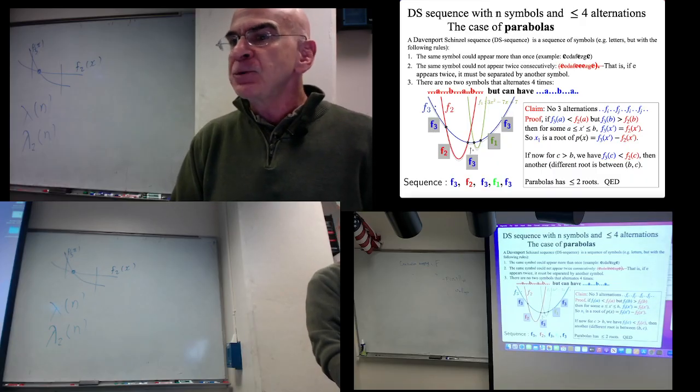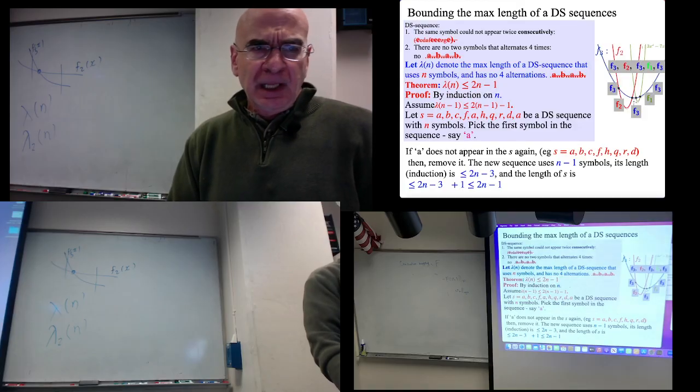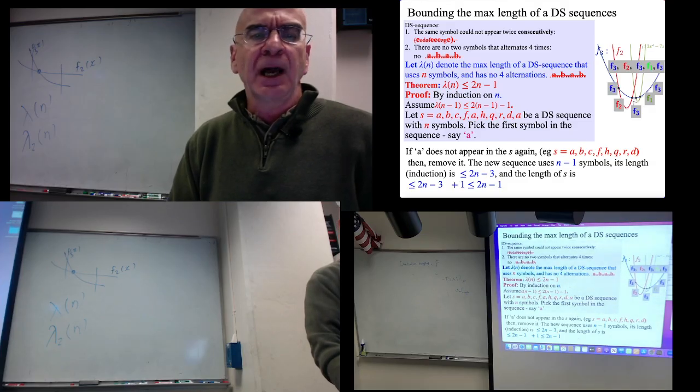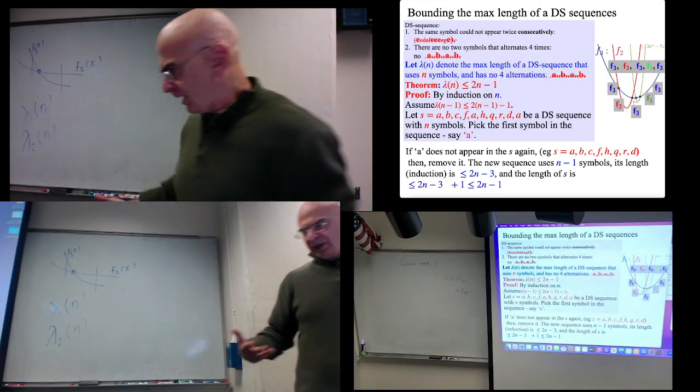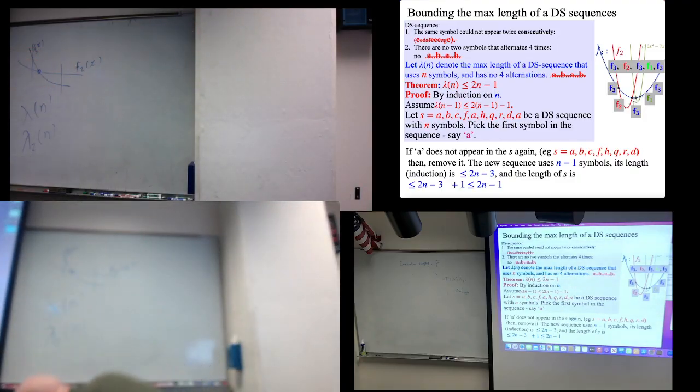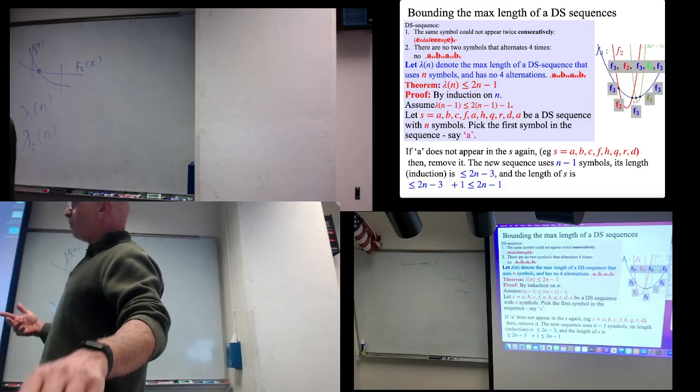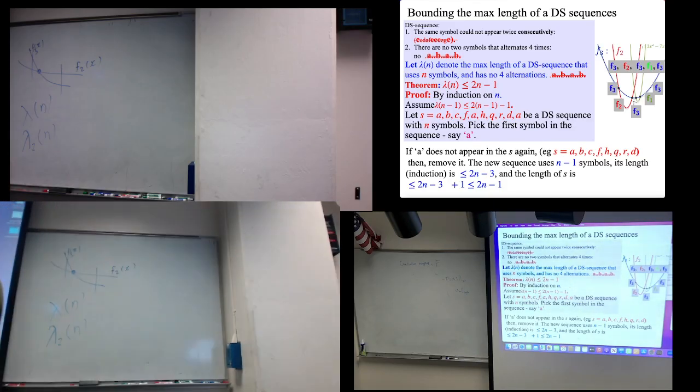You see some geometric examples. And now I want to ask, no geometry, just as a list of symbols, how long can I create a sequence that will obey the no ABAB rule?